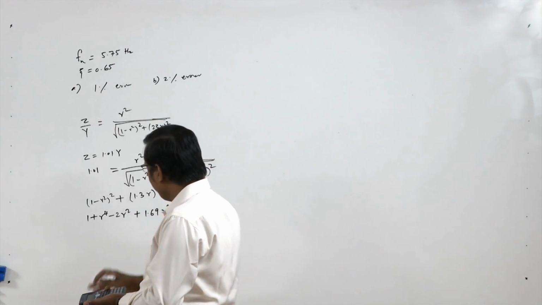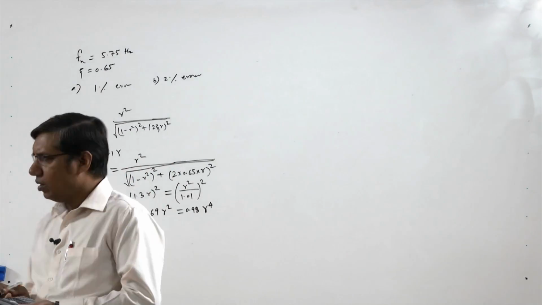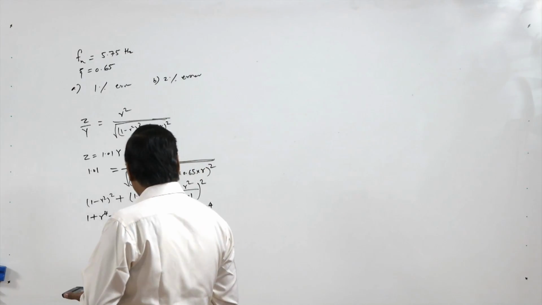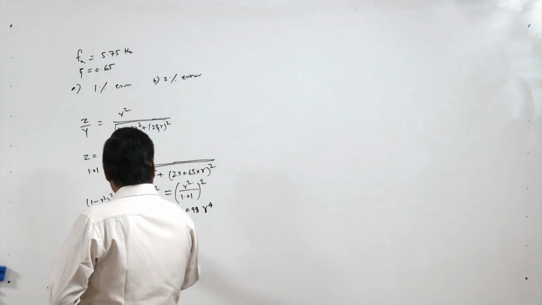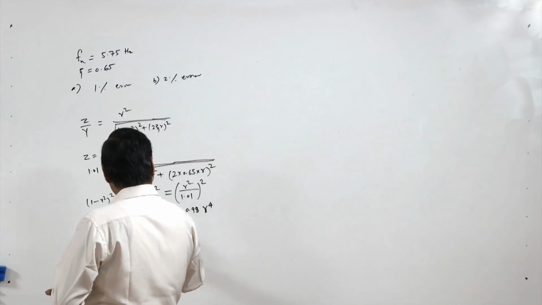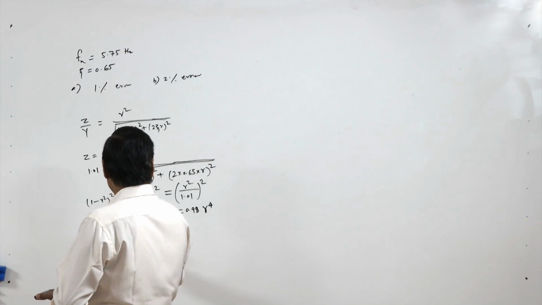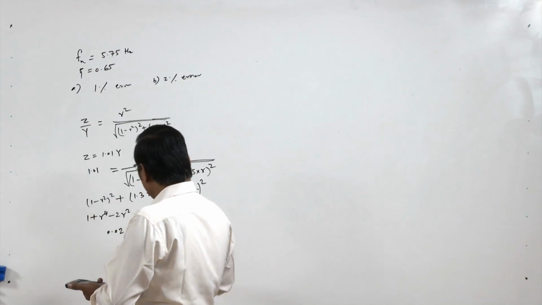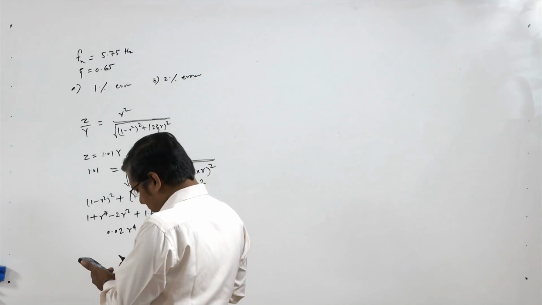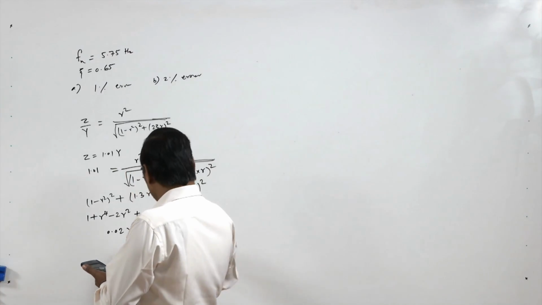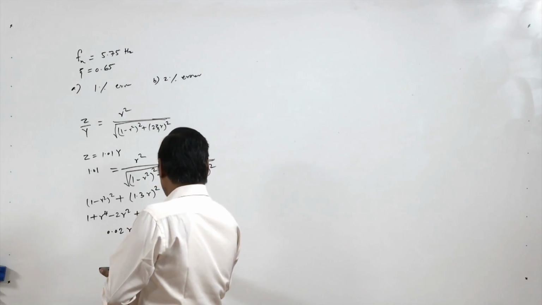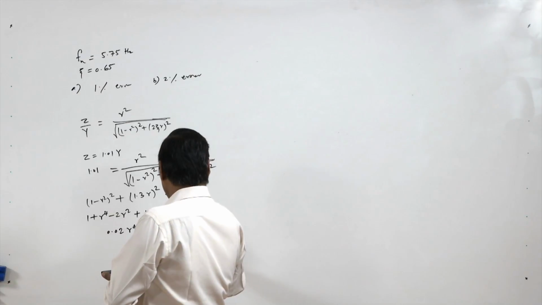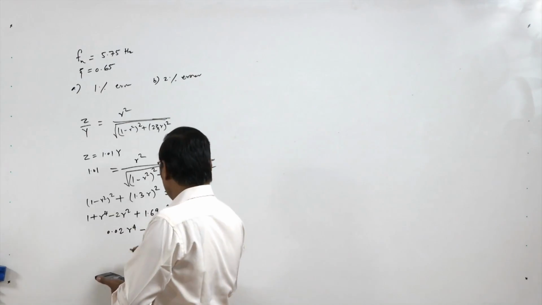Now we have to rearrange these terms. So we have r power 4 times 0.98, so it is 0.02 r power 4, and minus 2 plus 1.69, so it is minus 0.31 r square, and plus 1 equal to 0.